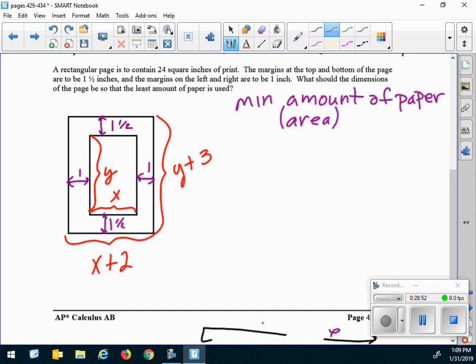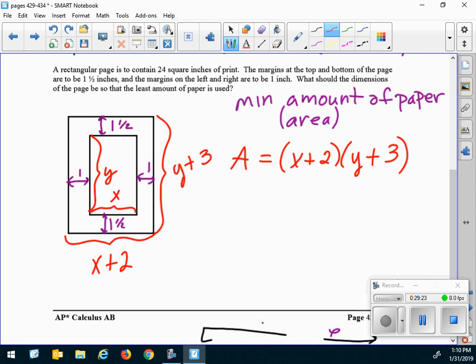Now, I want to minimize the total amount of paper. So I want to minimize the area of the whole sheet of paper. We need to write an equation for the area of the whole sheet of paper. Two variables. So do I need a secondary equation?